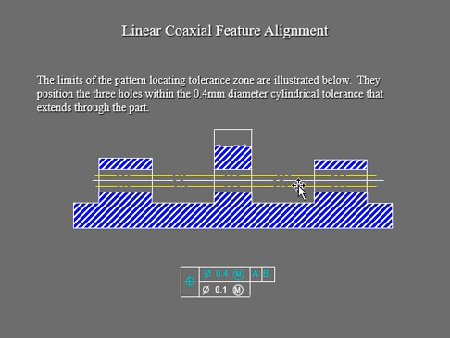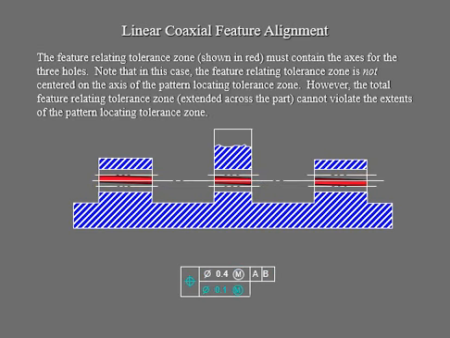Now we can see the limits of that, the yellow one, and also you can see the center, which is your hole axis right there. And of course, the three holes are within the 0.4 millimeter diameter cylindrical tolerance throughout that part. Then we'll get into our red zone, which is your feature relating tolerance zone.